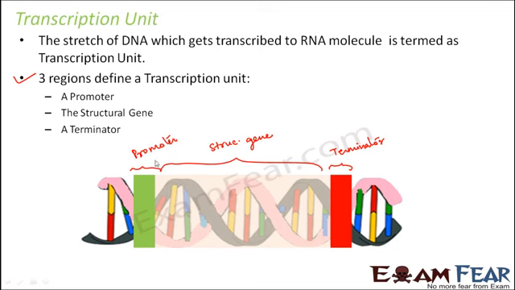As the name suggests, the promoter denotes the beginning of transcription, and the structural gene represents all those genes which will get transcribed. In this portion of the structural gene, one of the strands of DNA will behave as the template strand, the other one would be the coding strand, and finally there is the terminator region where the process of transcription will stop. So this entire unit is known as the transcription unit.